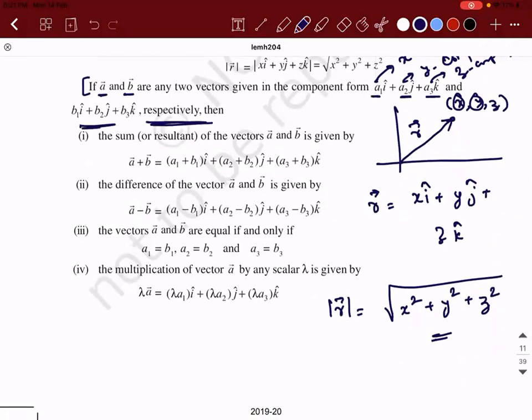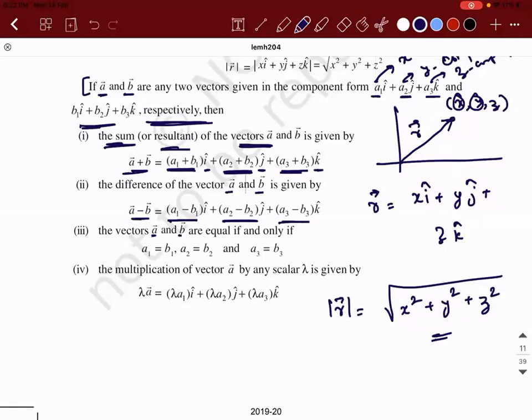If the two vectors are given as A1 i cap plus A2 j cap plus A3 k cap, then the sum or resultant of the vectors A vector and B vector will be A vector plus B vector equals A1 plus B1 i cap plus A2 plus B2 j cap plus A3 plus B3 k cap. The difference A vector minus B vector is A1 minus B1 i cap plus A2 minus B2 j cap plus A3 minus B3 k cap.